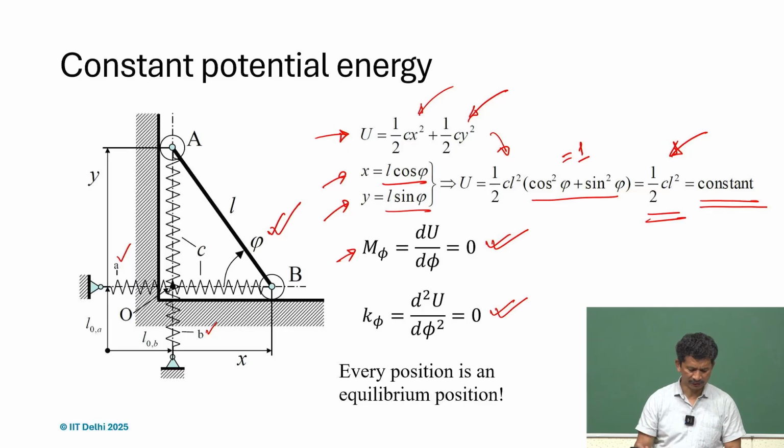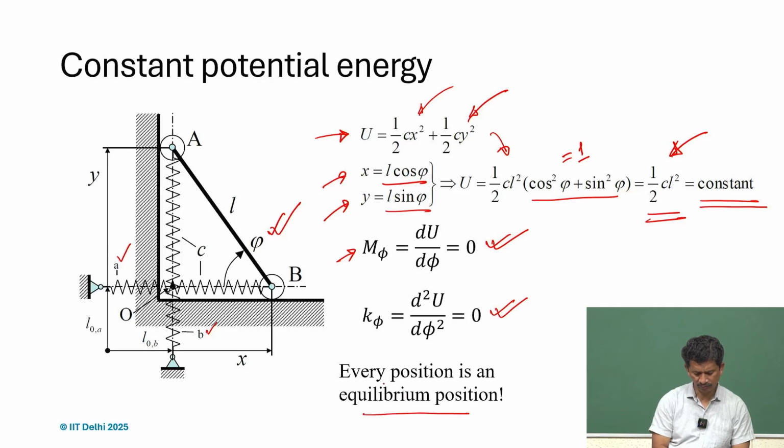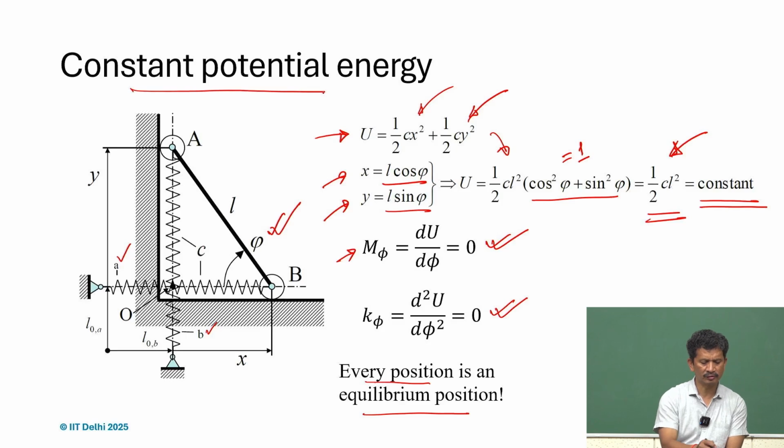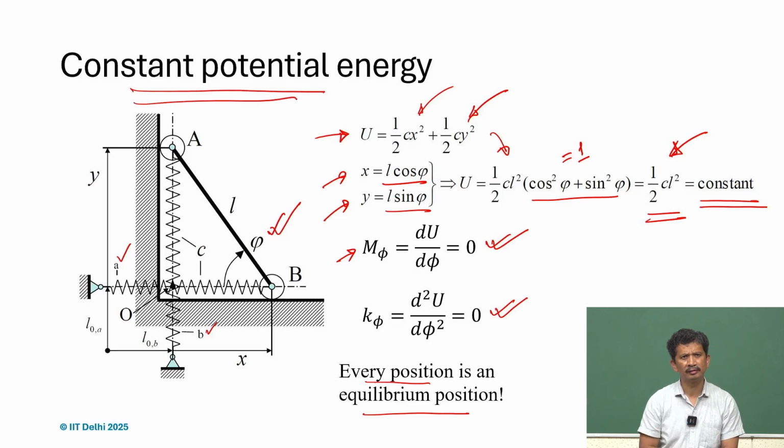And what we realize is that because of this, every position is an equilibrium position, so it will stay there. So that is the benefit. If we have constant potential energy mechanisms, if we are able to achieve that, we can achieve zero stiffness and it can stay anywhere.